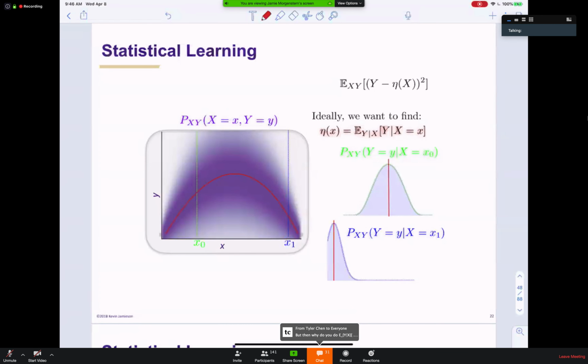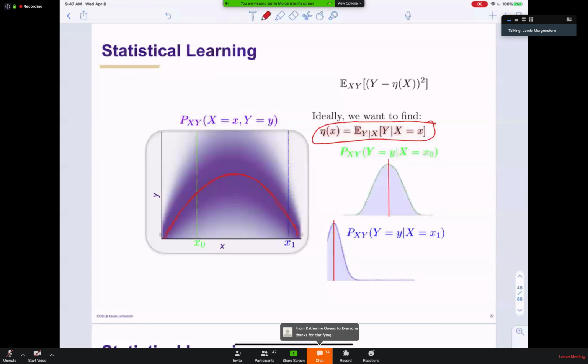Okay, so what are we doing picking a function like we were talking about before, right? Eta x is sort of finding the densest part of this region and mapping it out. It's not exactly that, but in this case it might be the densest region. Generally it's trying to make sure about half of the points are above it and about half the points are below it, or at least it's equal to the expected value of the points above and below it at every point, right?